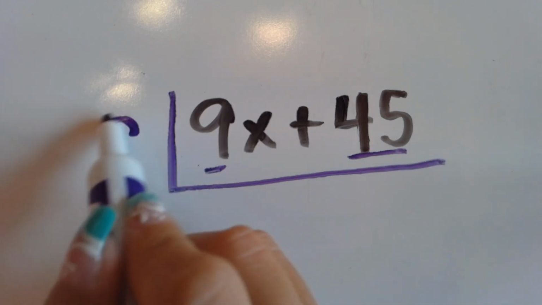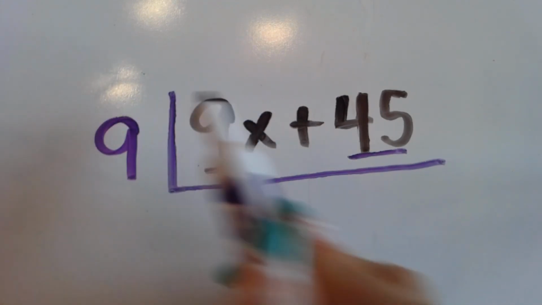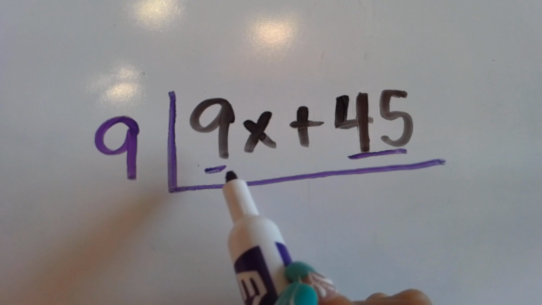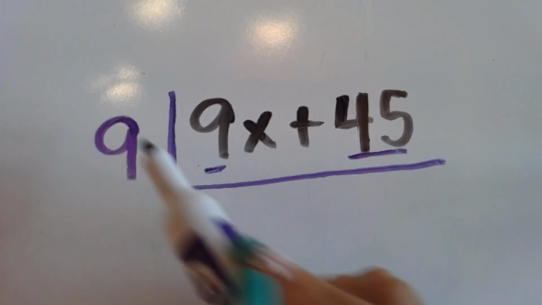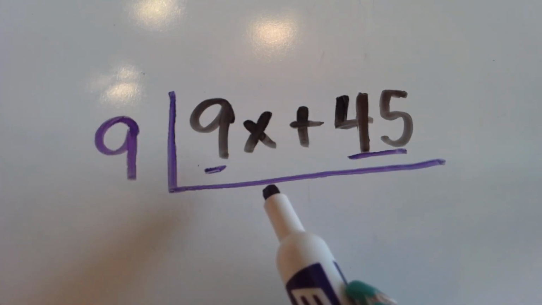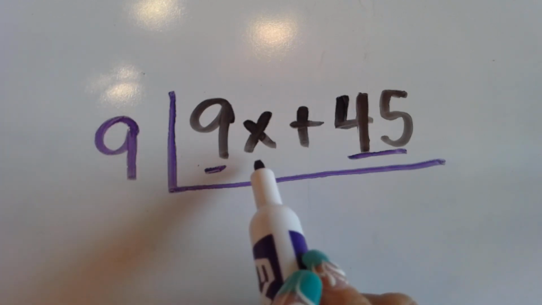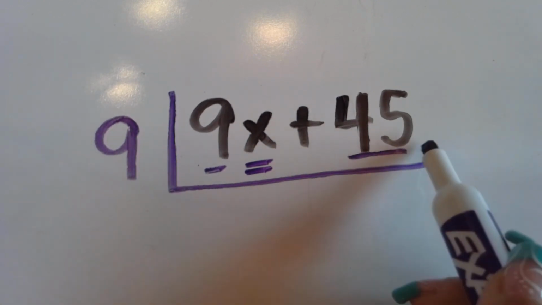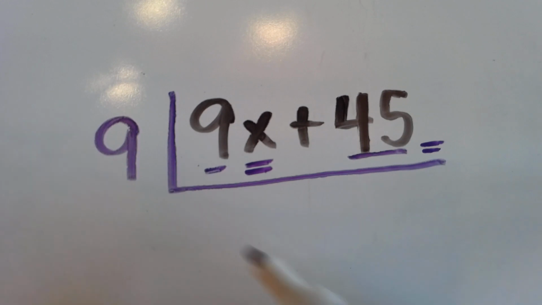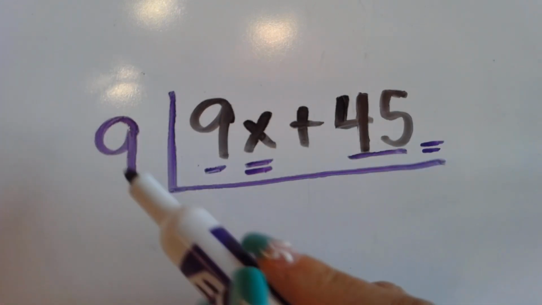It would be 9. So 9, and then because 9 divided by 9 is 1, and 45 divided by 9 is 5. Now let's go ahead and look at our variables that are attached to it. We have an x here, but we have nothing here. So we still can't pull that out.